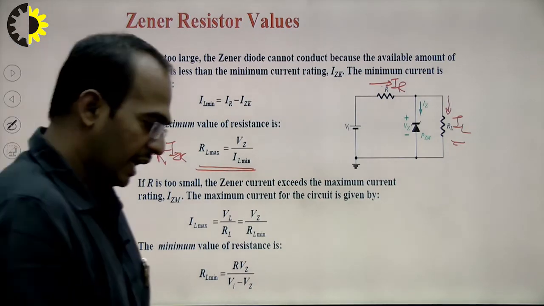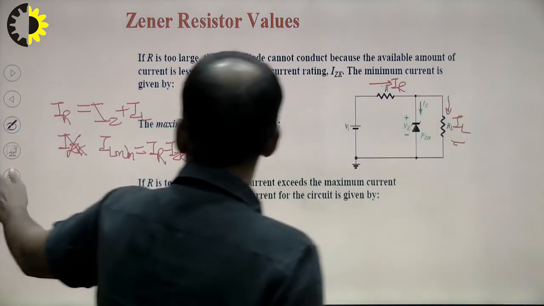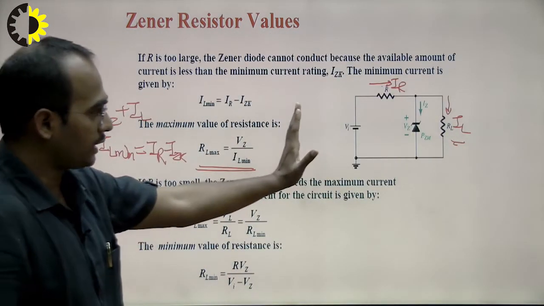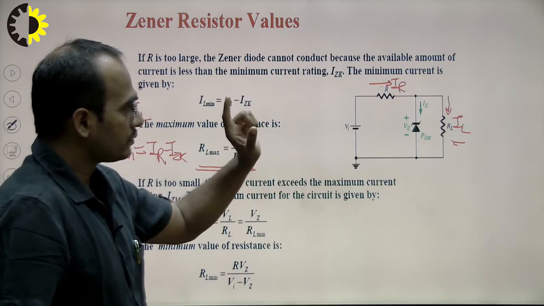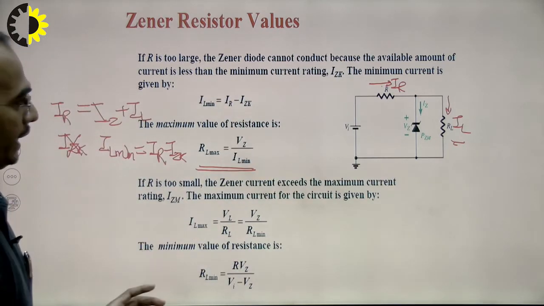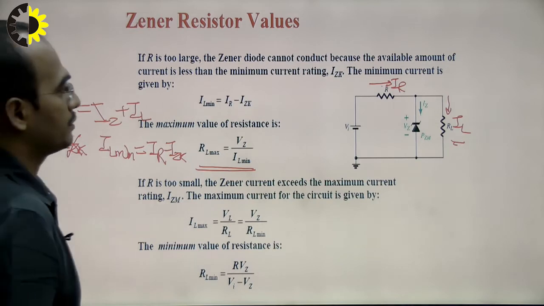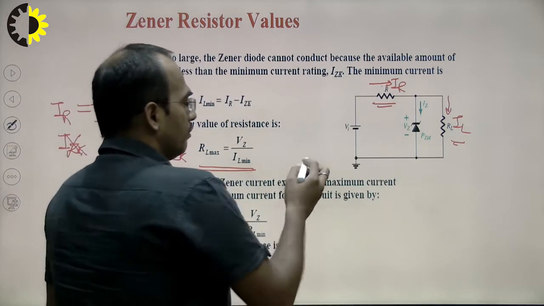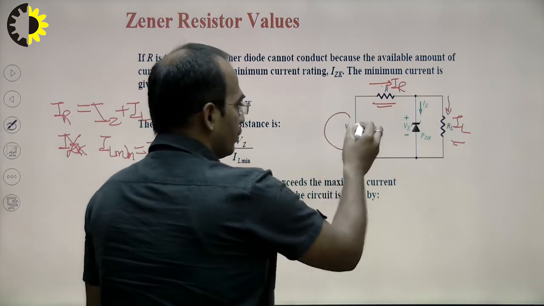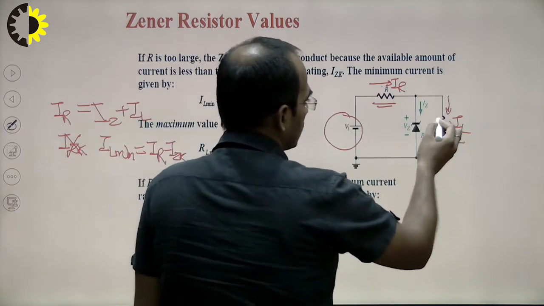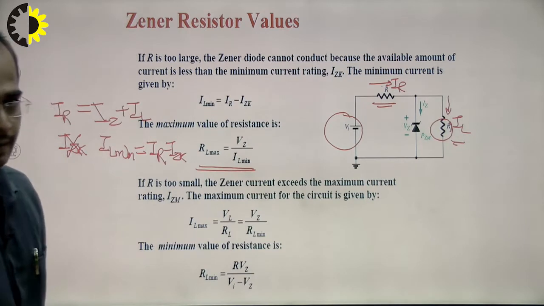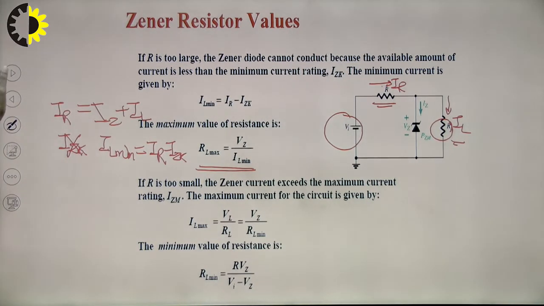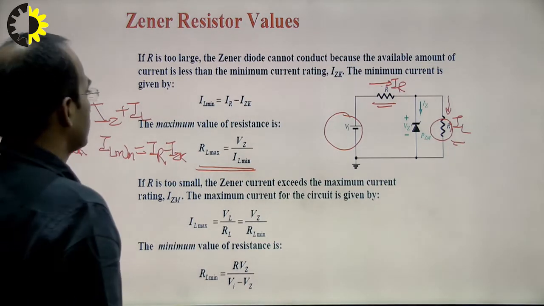So, how does it behave as a voltage regulator? For understanding this, we can consider this circuit, and now we can vary only two parameters, because this resistance is fixed. We can vary only this input voltage or load resistance RL. So, we are going to understand how the Zener is working as a voltage regulator.